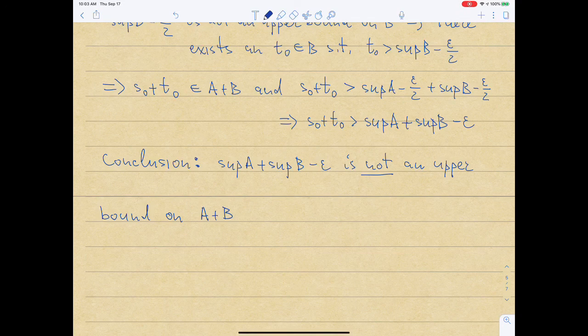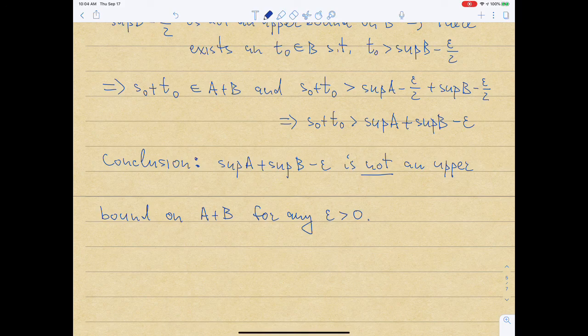Because S0 plus T0 is an element of A plus B, and S0 plus T0 is greater than this number. So that means that sup A plus sup B minus epsilon cannot be an upper bound on A plus B. And because epsilon was chosen arbitrarily, this should be true for any epsilon greater than 0.